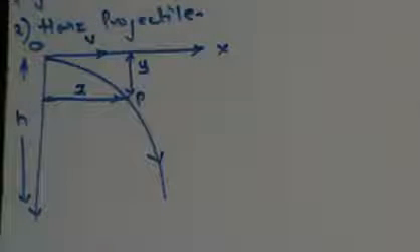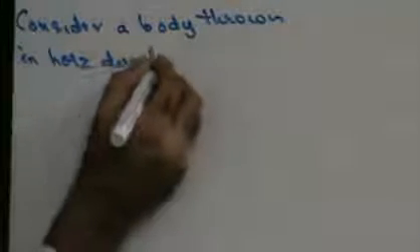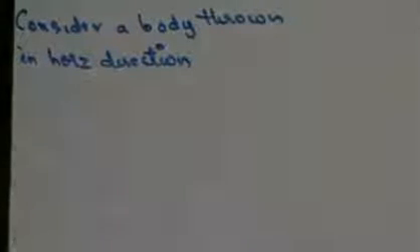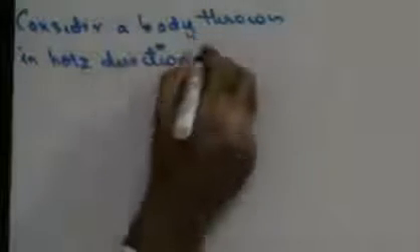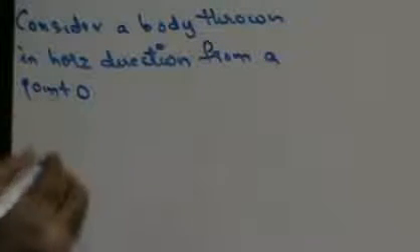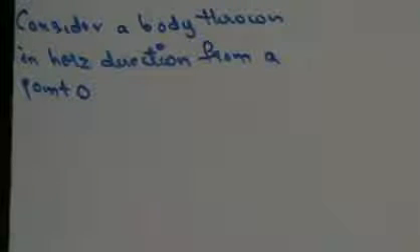Let's write all this down. Consider a body thrown in horizontal direction from a point O. Let v be the velocity of projection of the body.